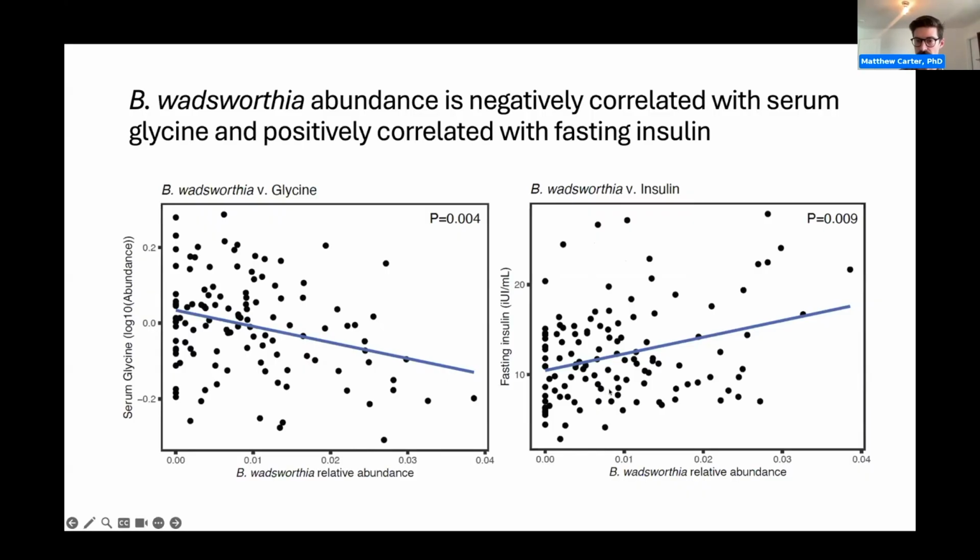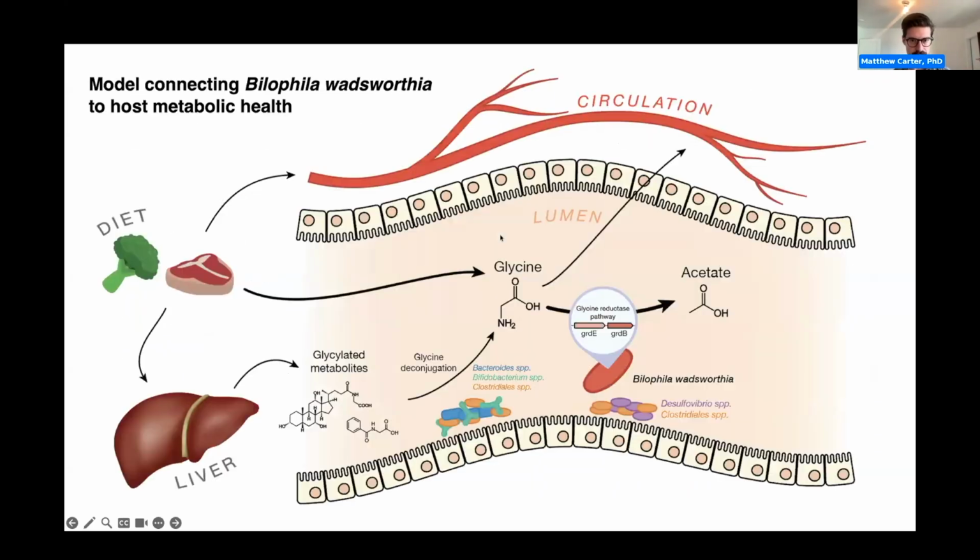And the more Bilophila you have as well, the higher the level of fasting insulin. So from these multi-omics findings of profiling these different things, we can build this network of associations in the data.